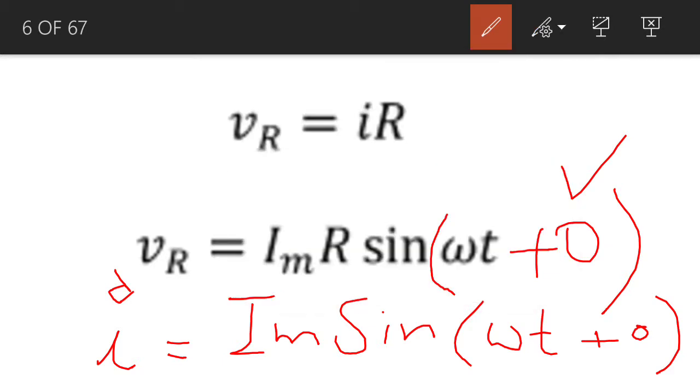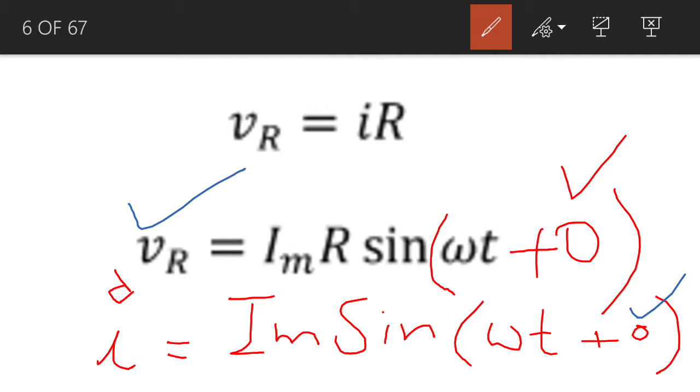And you see, the phase angle of the AC current is 0. So the phase angle of the voltage across the resistor as well as the phase angle of the AC current in this series circuit is 0.